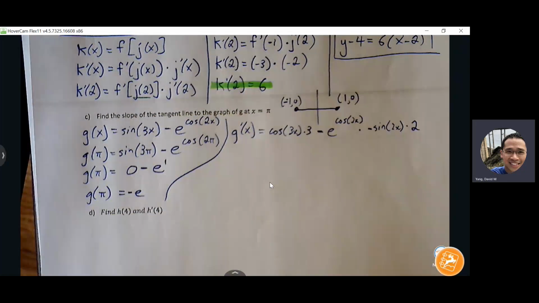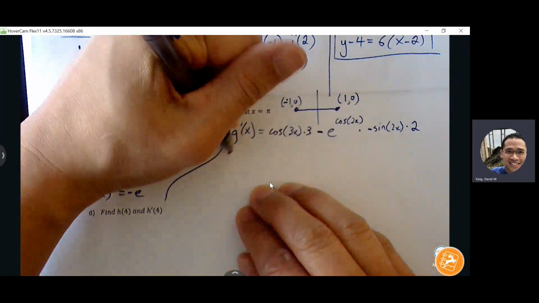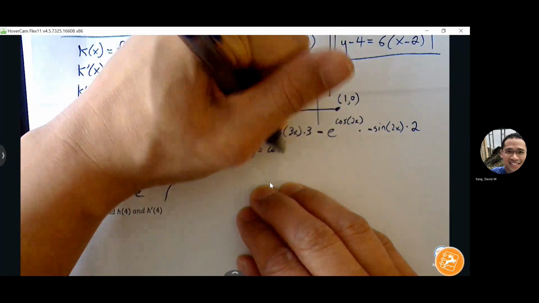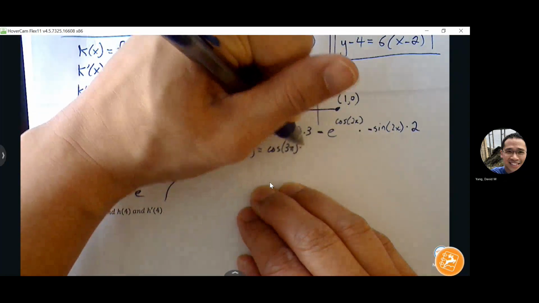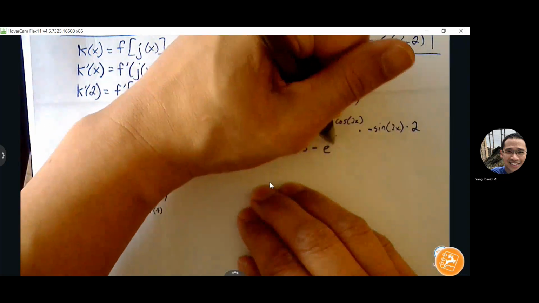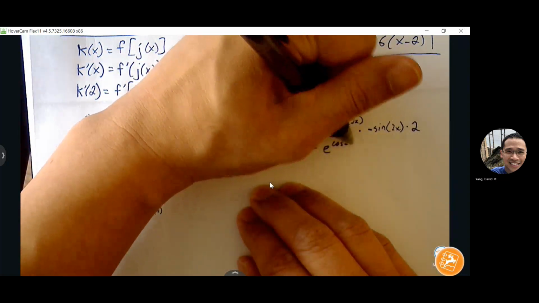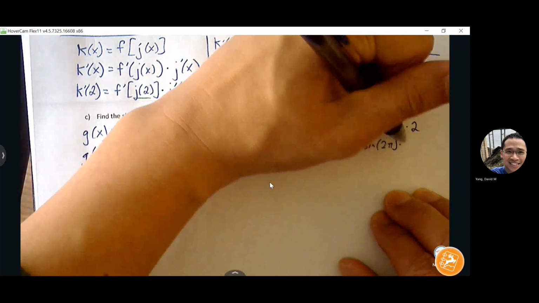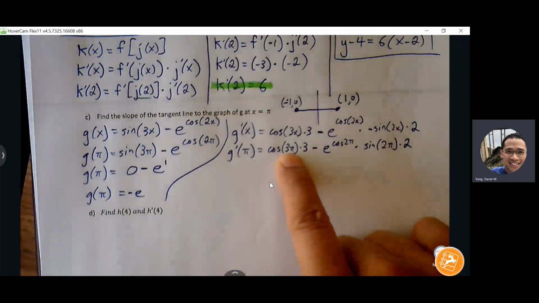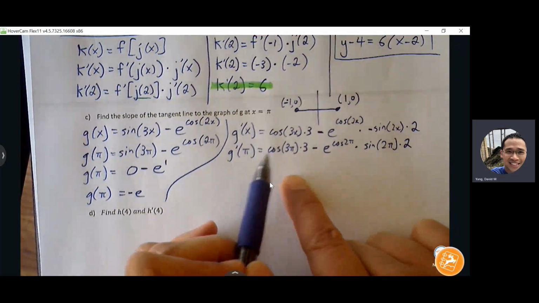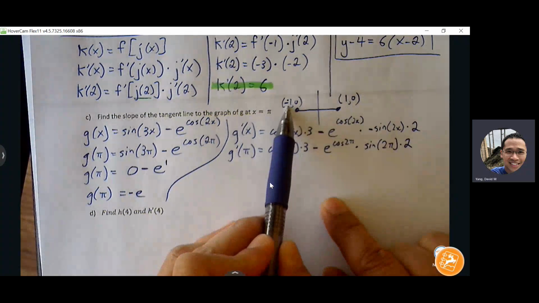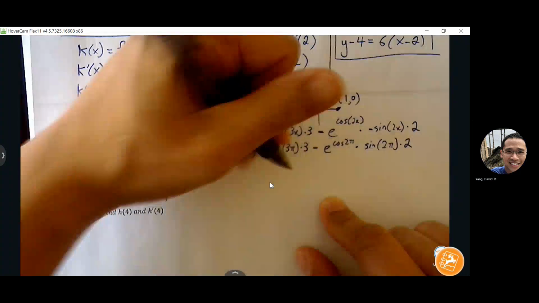So there's nested chain rule here. Okay, so now let's replace every x with pi. Cosine of 3 pi, same thing as cosine of pi. Cosine of pi is -1. Yeah, it's the x value.